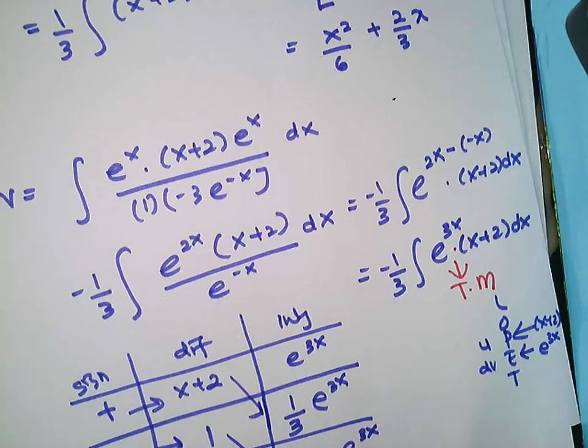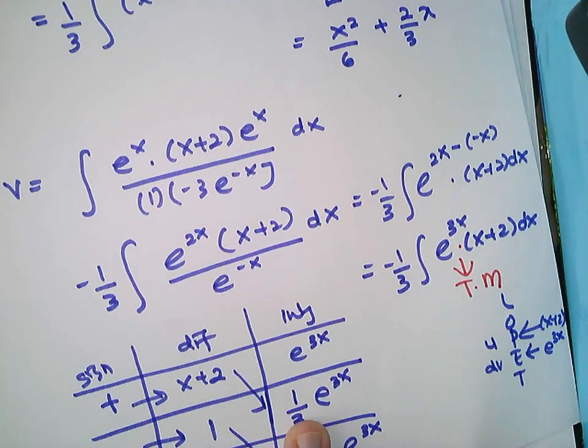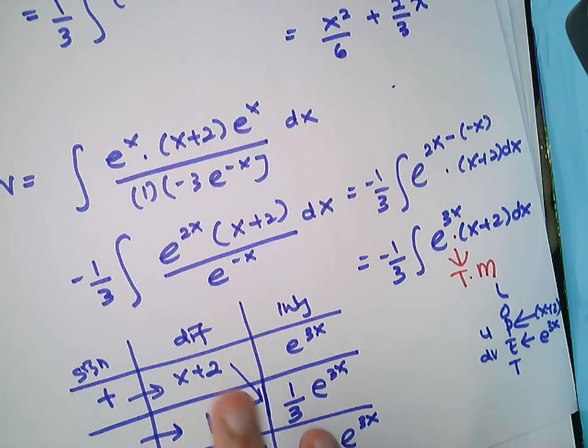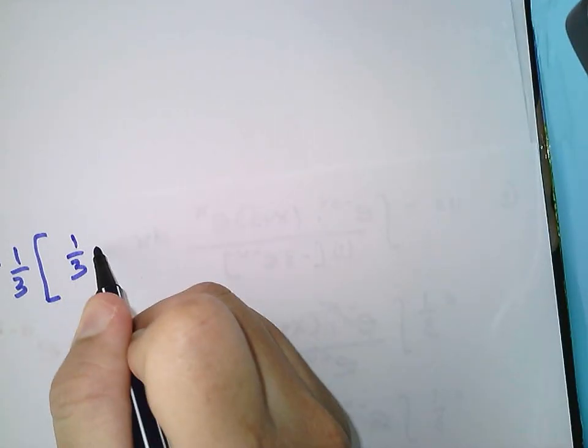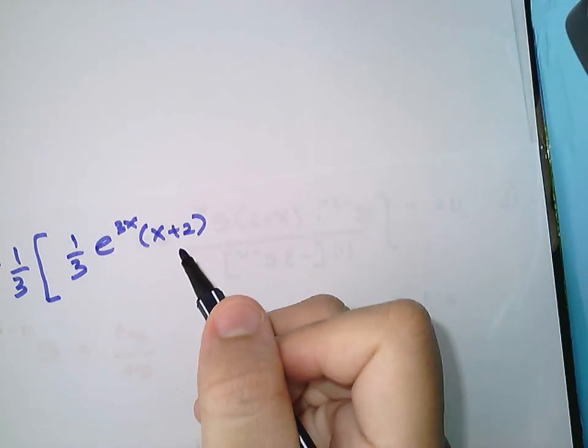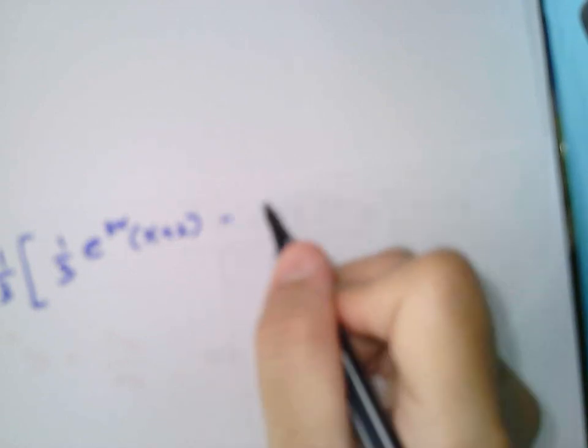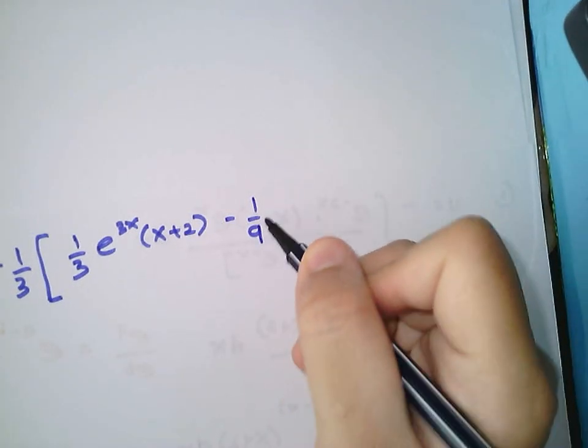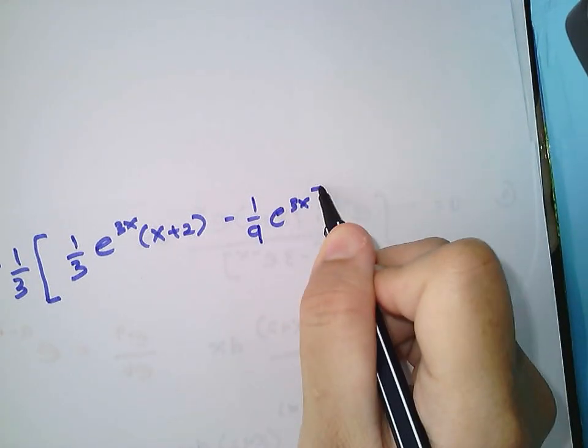Okay, so what is the first function? Positive 1 over 3 exponent 3x, x plus 2, minus 1 over 9 exponent 3x.